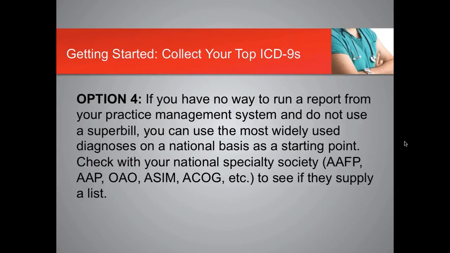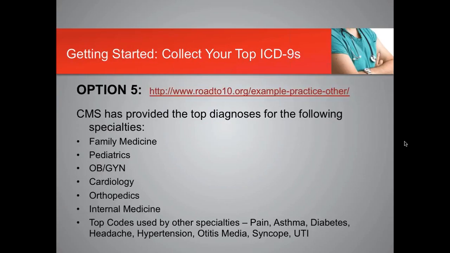If you have no way to run a report from the practice management system and you don't use a superbill, contact your national specialty society, like the American Academy of Pediatrics, the AAP, or the American College of OBGYN, the ACOG, and see if they supply a list. Check their website, but also don't hesitate to call them. Sometimes they have resources they don't put on the website.